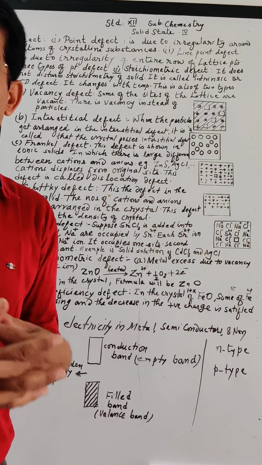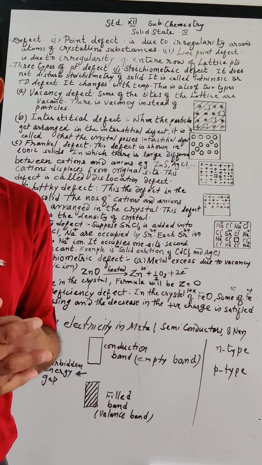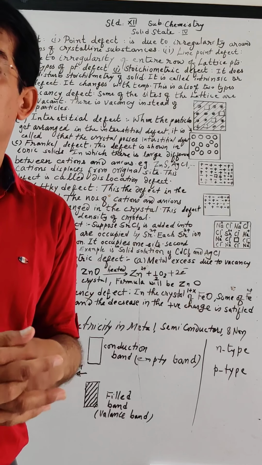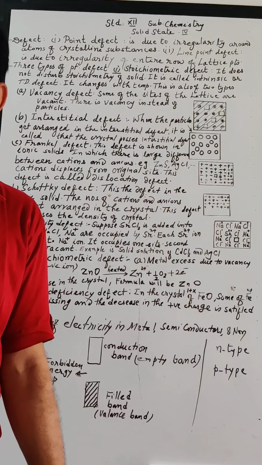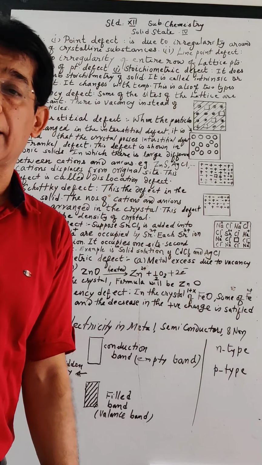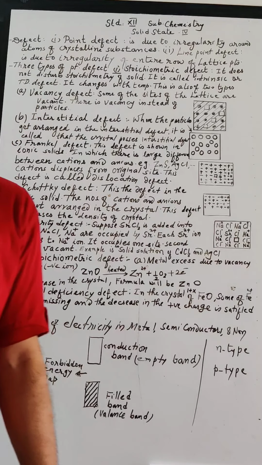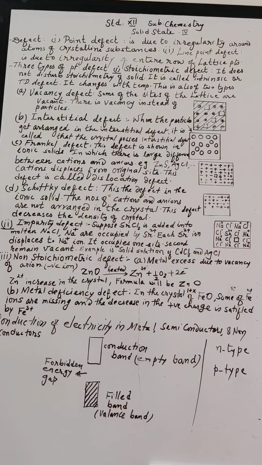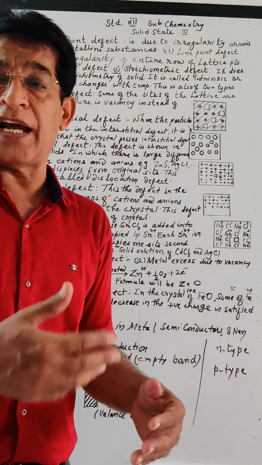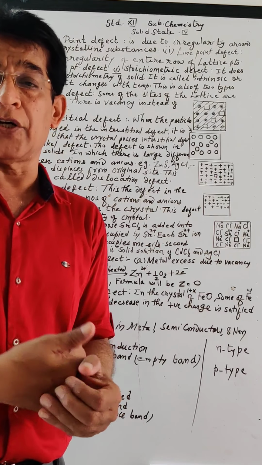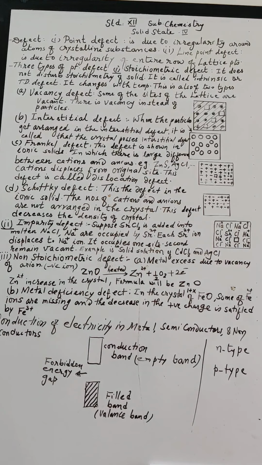In semiconductors, the distance between the valence band and conduction band is small, so it will conduct a small amount of electricity. The electrical conductivity increases with increase of temperature because electrons jump from the valence band to the conduction band.